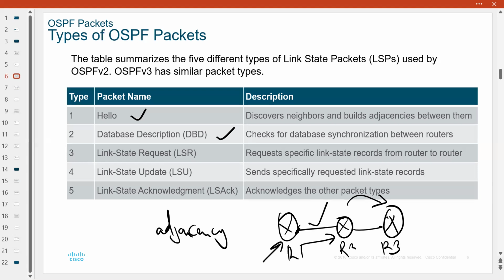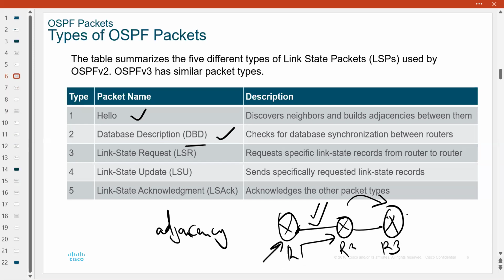If R3 wants to send information to this network, it already knows how, because R1 sent a DBD saying I know this network. So R3 will probably send to R1, and then R1 decides how to send to its network. Basically that is it with DBDs.